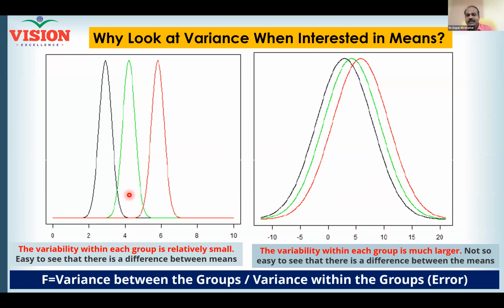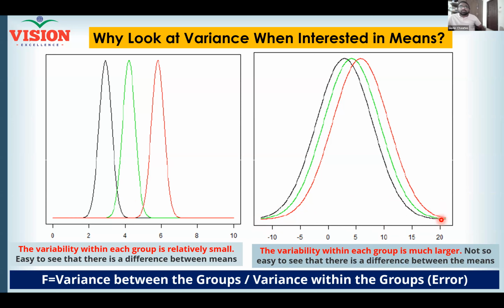So what is actually making you reject the null? Look at the spread of each distribution here. Can you see the spread is too much in each case? The spread for the black color distribution is too high. It is ranging from -10 to +20.